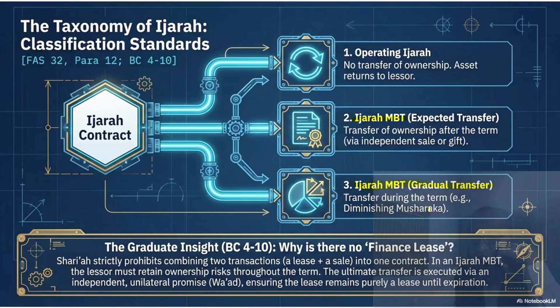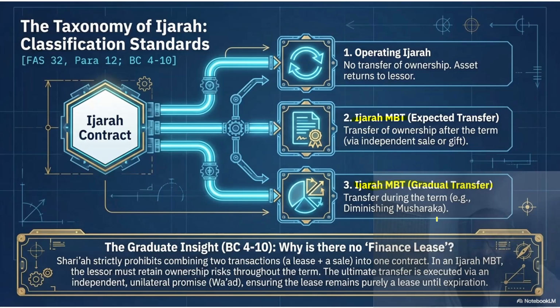So transfer during the term, for example, in diminishing Musharaka, means that there will be a common asset. Some part of the asset, 20%, will belong to the lessee, and 80% to the lessor. So the lessee will be paying rent on the 80%, and along with rent, will also be buying some percentage of the asset. So the next period, the ratio will be 23/77. The next period, the ratio will be 26/74, and this way, by the end of the period, the entire asset will be transferred.